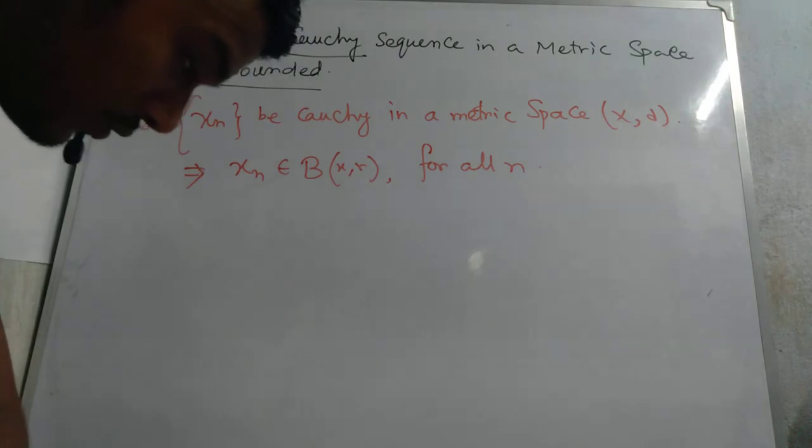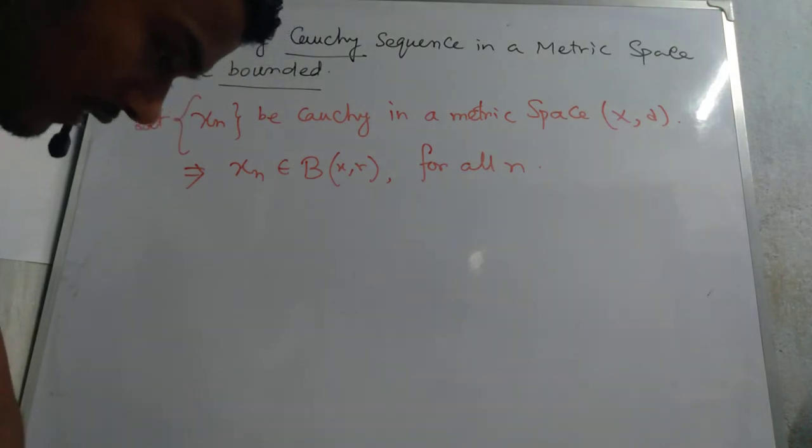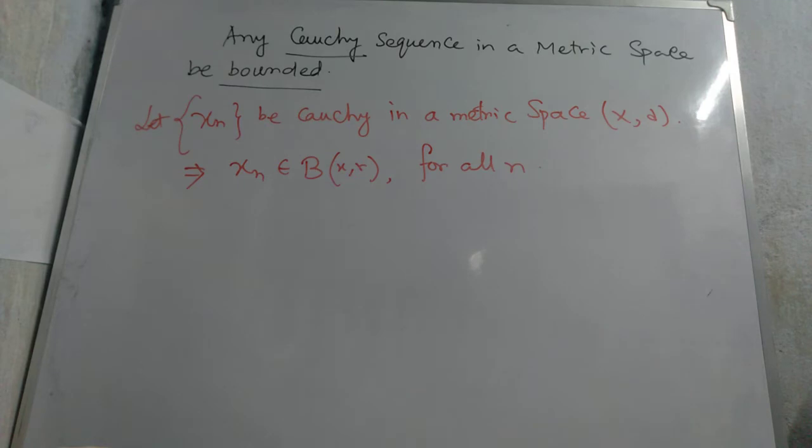Then obviously this x_n lies in B(x, r). If Cauchy, then this one lies in this.